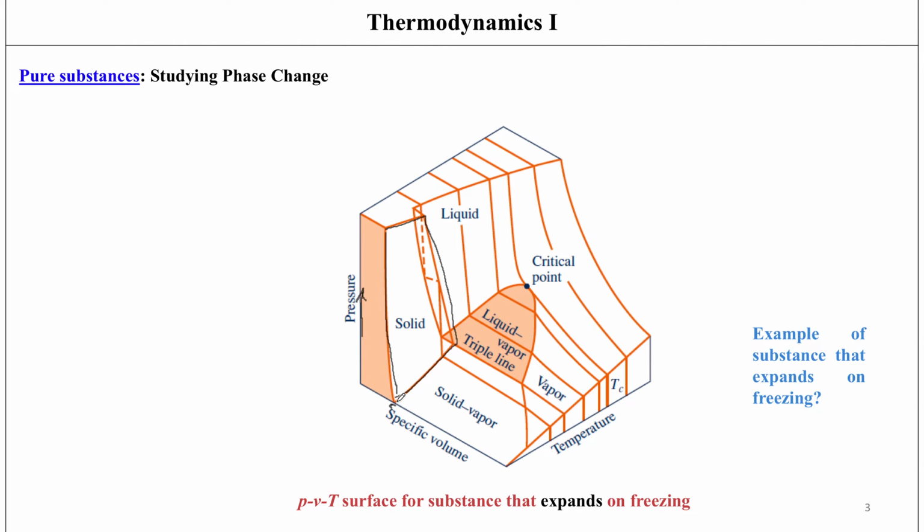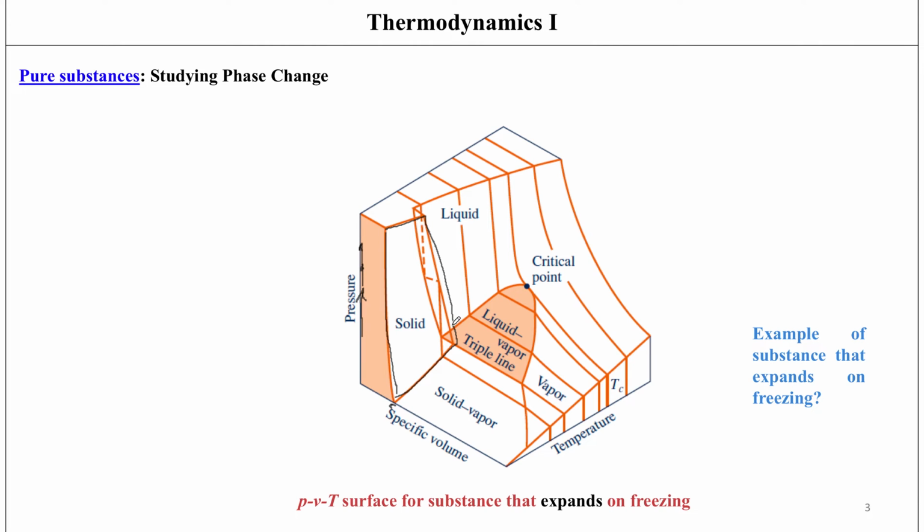There won't be a lot of decrease in the specific volume. Although I can keep increasing the pressure, the solid is not going to get compressed that much. That means that the specific volume is not going to be decreased that much.